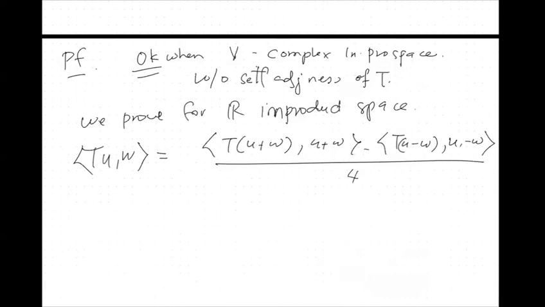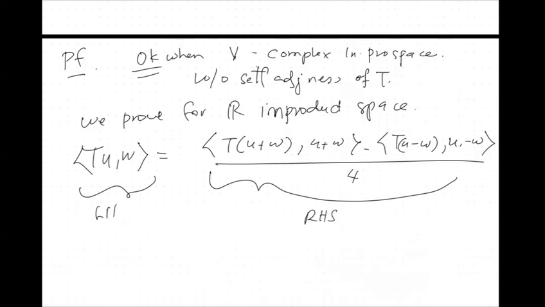Again, this is a trick. If you compute the right-hand side, compute it using the following.